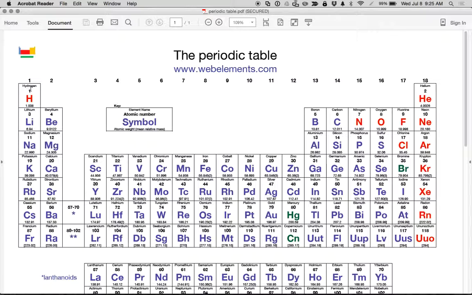So for example, hydrogen has an atomic number of 1. Helium has an atomic number of 2. Lithium has an atomic number of 3. One thing to keep in mind is that, let's say I have boron. Boron has 5 protons in it because its atomic number is 5.